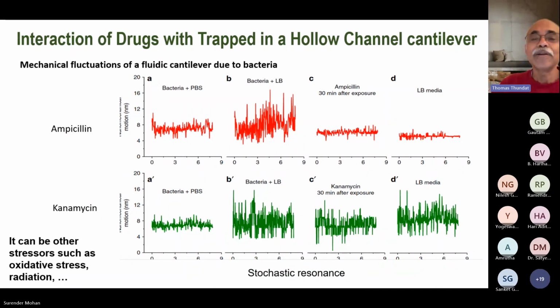The bacteria consume the sugar solution, generate heat, and they're happy. That's the noise. Now you send some ampicillin, a drug that can kill the bacteria, and 30 minutes after you send it, the noise decreased a lot. That means the bacteria may be dead. Now you send the sugar solution again, but the bacteria don't come back to life. So the bacteria are dead, and you can look at the drug interaction with the bacteria this way.